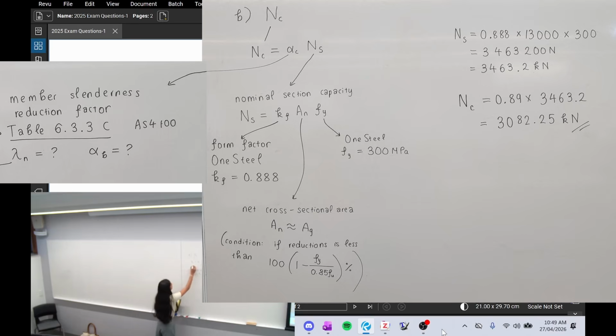So the formula for nominal section capacity is NS equals KF times AN times FY. And we'll do this one over here. For alpha C, this is called the member slenderness reduction factor. So this should be smaller than or equal to 1, and it should reduce your capacity.